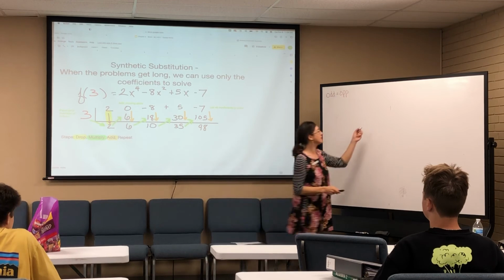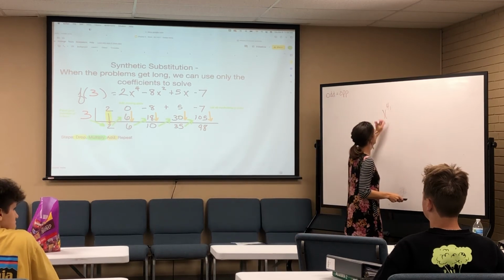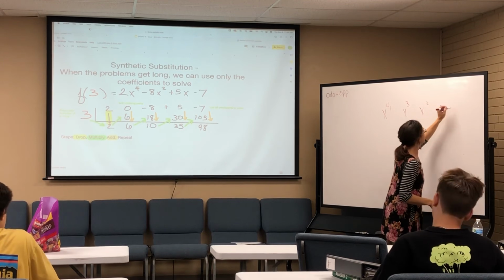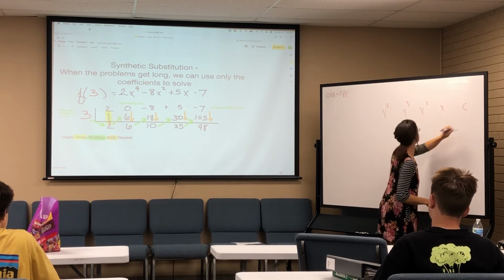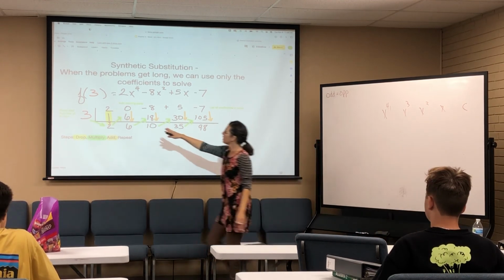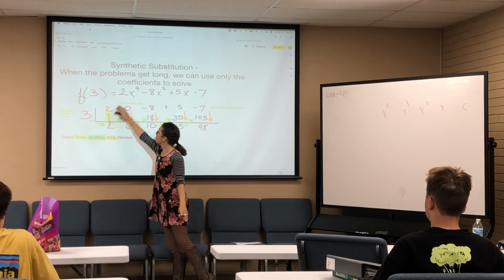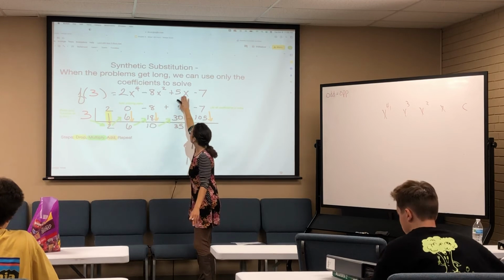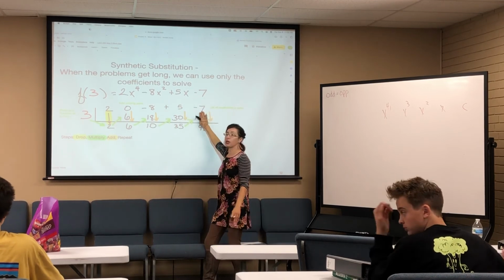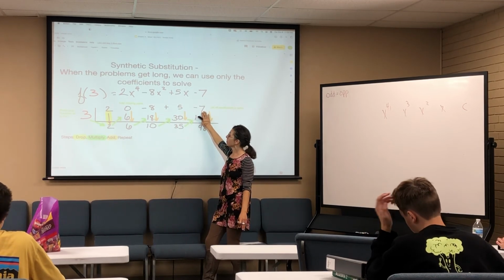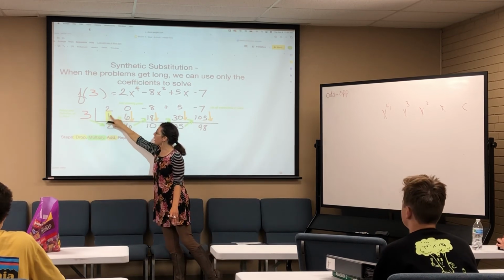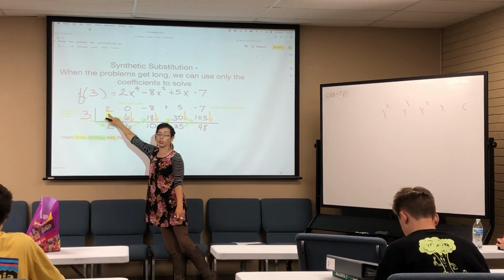So if I were going to have a thing, I would basically say, here's my x to the 4th, x cubed, x squared, x, and then my constant. Okay, so this is the coefficient to the 4th, coefficient to the 3rd, coefficient squared, coefficient 1, and then my constant.